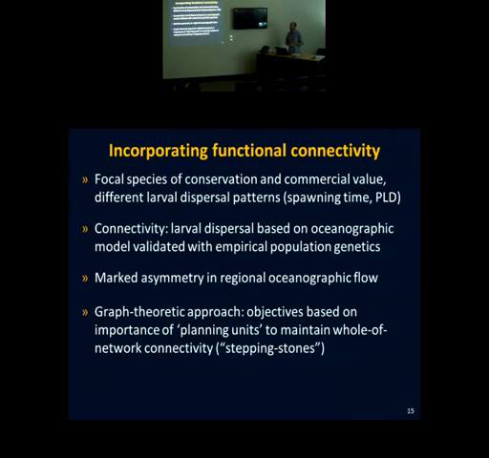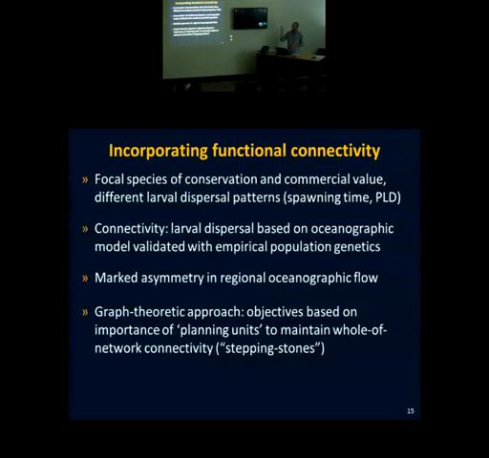Based on this information, we decided to follow what is called a graph theoretic approach, or an approach based on network metrics, and we set objectives based on the importance of planning units. Depending on where the planning unit was and how it was connected to the others, it would have a higher or lower importance if it was, for example, identified as a stepping stone.